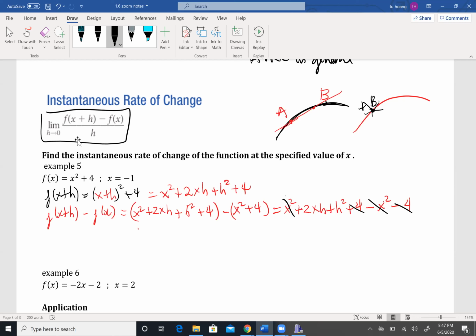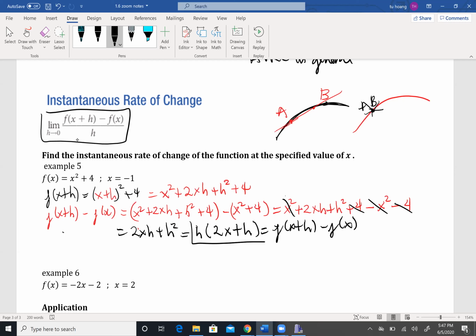So all the terms like x squared, like constants, will be gone, because these terms don't have h. Then I can factor h out, right? So that's 2xh plus h squared, and I'm going to rewrite it as h times (2x plus h). So this is equal to f(x plus h) minus f(x).